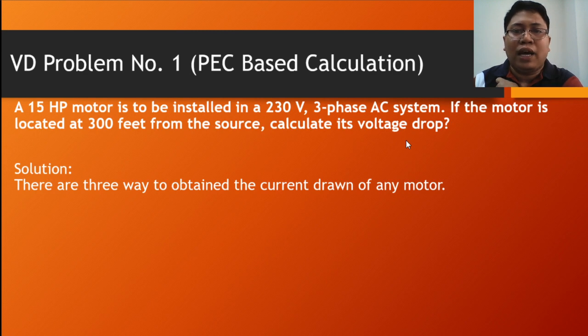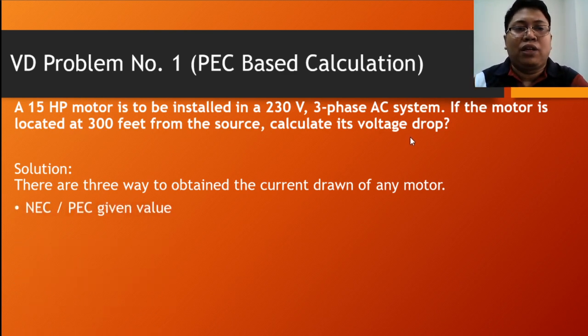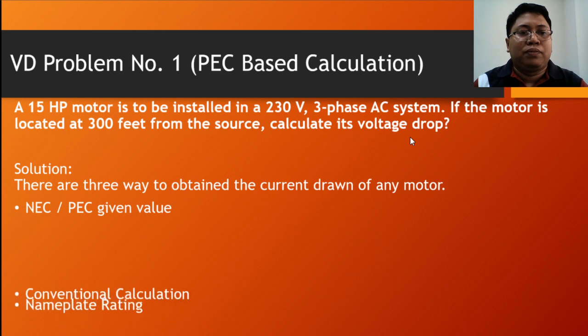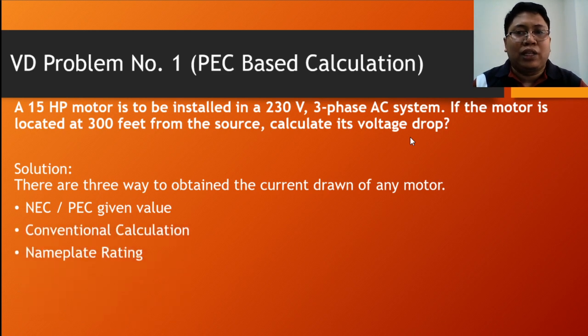But before that, kailangan ma-obtain muna natin or makuha natin yung current draw ng motor. Meron tatlong way para makuha yan. Okay, number one, pwedeng kunin natin sa NEC o PEC yung mga value. Then, conventional calculation, yun yung ginagamit natin pagka wala talaga mga available na data.